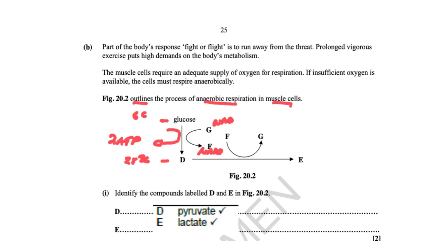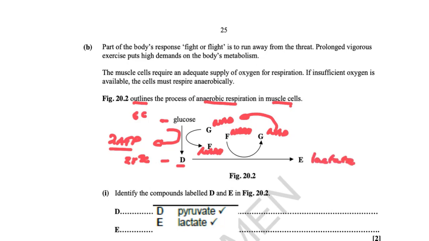In anaerobic respiration, the NADH is regenerated back into NAD, so that this process can continue with the net production of 2 ATPs. Also it takes the pyruvate D, and the pyruvate is being reduced to produce lactate or lactic acid.